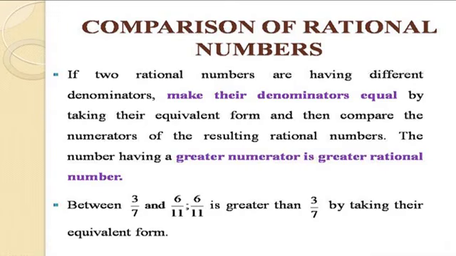Here we compare 33 by 77 with 42 by 77. As 42 is greater than 33 and the denominator in both cases is the same, that is 77, therefore 6 by 11 is greater than 3 by 7.